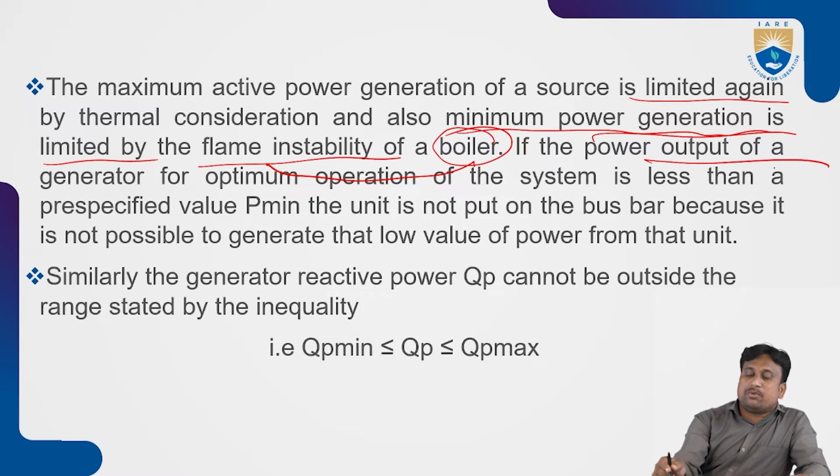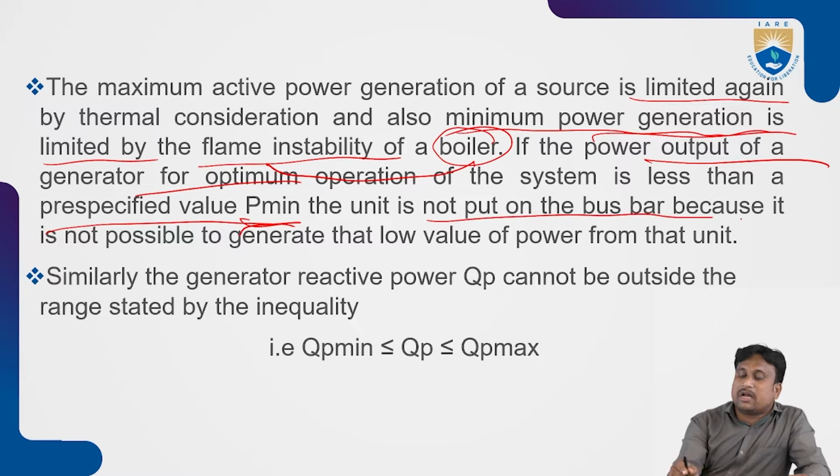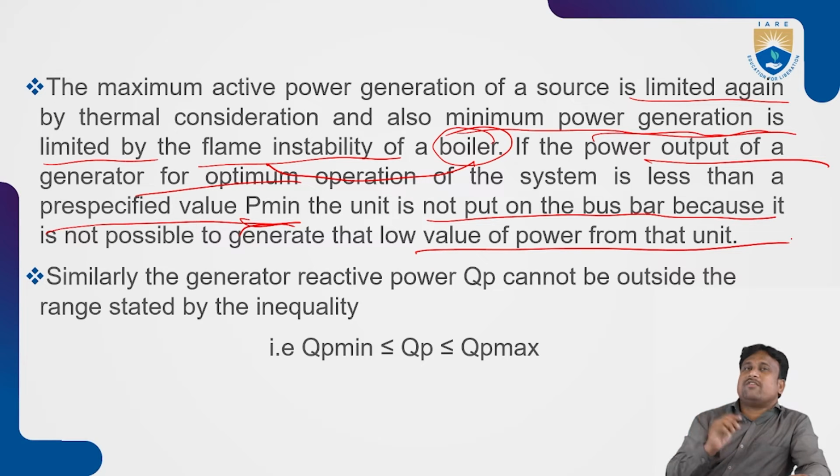If the power output of a generator for optimum operation of the system is less than the prescribed limit, that is P minimum, the unit is not put on the bus bar. Why? Because it is not possible to generate that low value of power from that unit. That's why the instability of the flame from the boiler section must be considered.